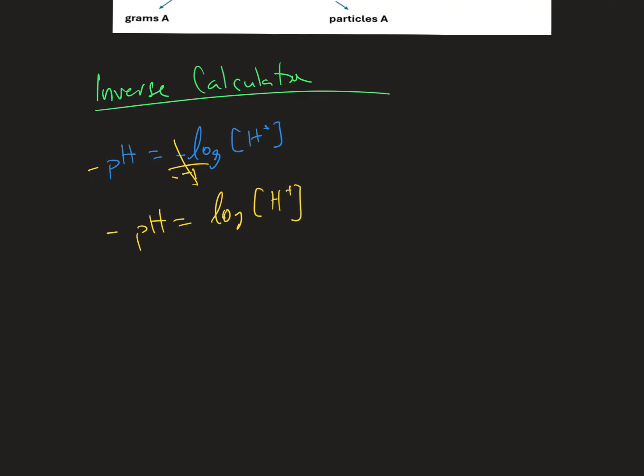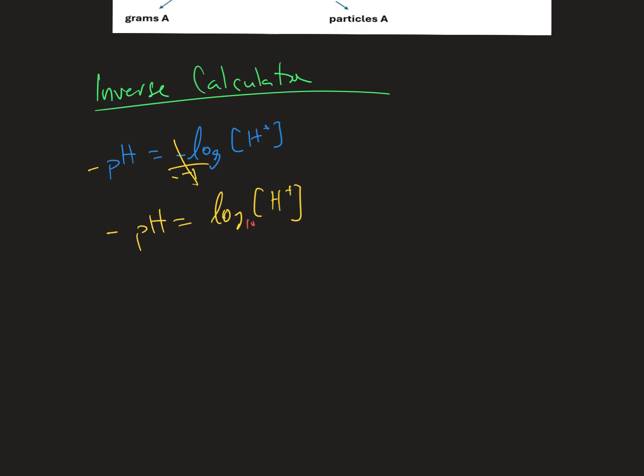Now what's the base of our log? Does anybody know? It's 10. It's log base 10. We don't have to worry about that because on our calculator it is log base 10, right? So the inverse of log, to get rid of the log, just like any other algebraic operation, we do the inverse operation. If it says add, we subtract. If it says multiply, we divide.